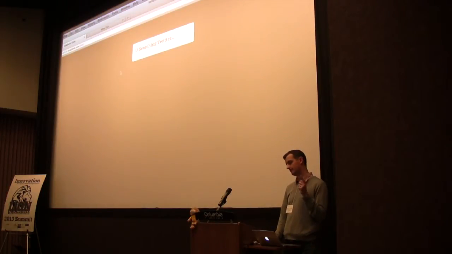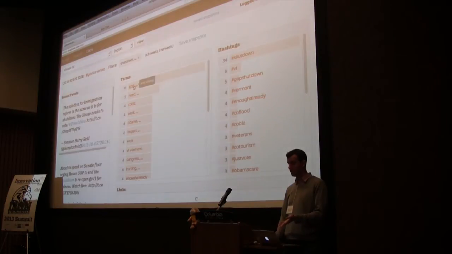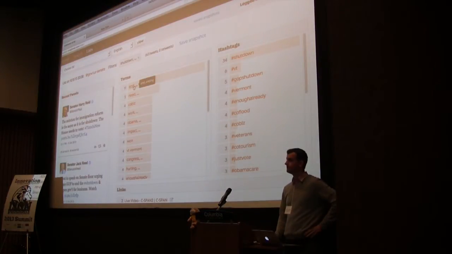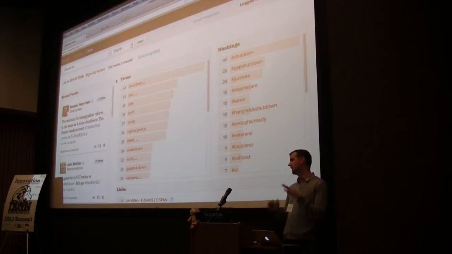There's a distinction between search and filter in computer science that I can't explain very well, but you can say, who's talking about shutdown, so you filter by the top keyword. And the terms are coming up in general, not based on the shutdown? Right, this is just the list without any other input at all. The terms are coming from the list itself, yes, like the Capitol Police. Most common terms that the people on the list tweet about.